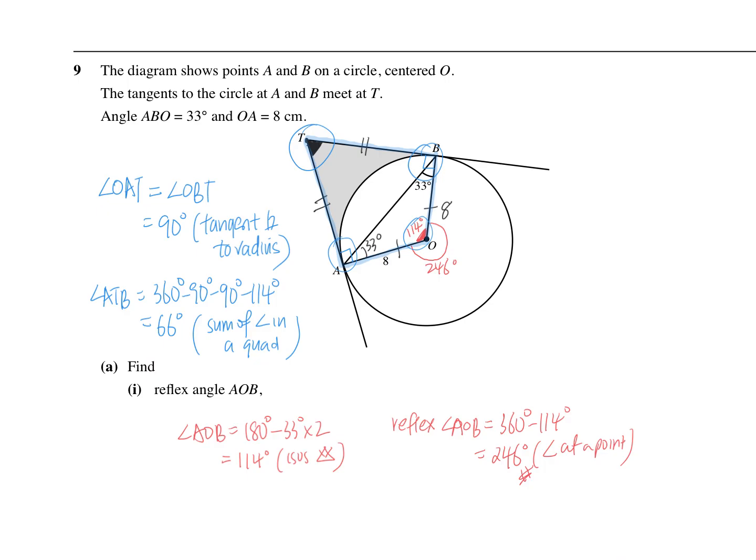Or ATB. They want ATO? Divide by 2. Okay, if they want you to divide into half, this line divides the quadrilateral into 2 exact halves. So if you find ATO, it is just the 66 divided by 2. Tangent from exterior point.